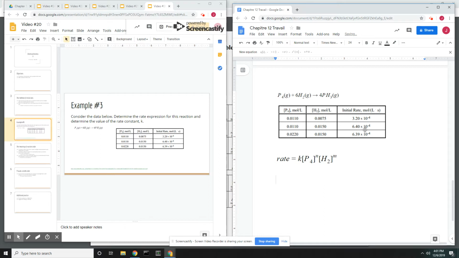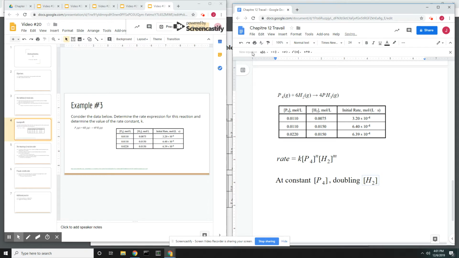So now what I'm looking at is between trial 1 and trial 2, P4 is constant. So at constant P4 concentration, what I did, I went from 0.0075 to 0.0150. What that is, that's doubling H2 concentration.